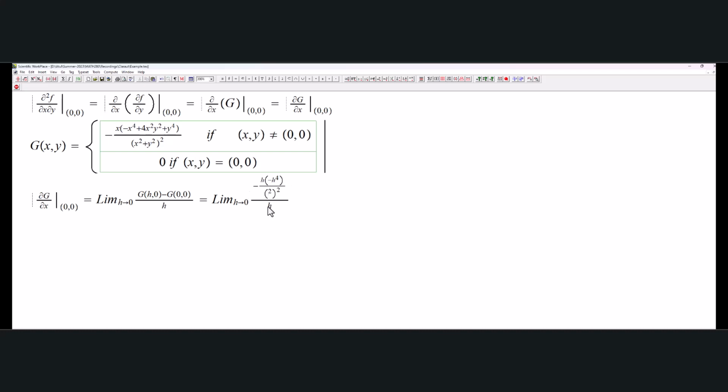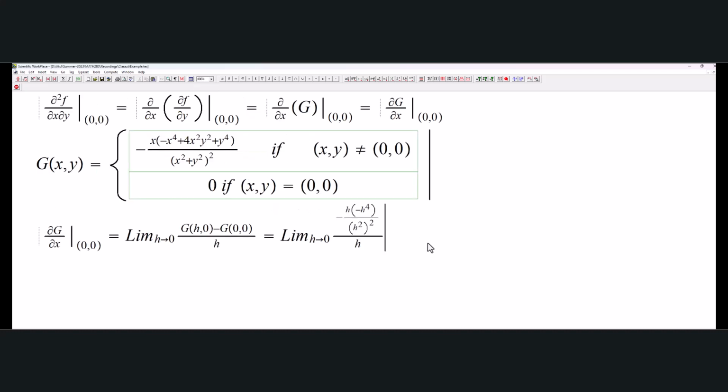And this is H. Oh, one moment. Let me increase the font size here. Okay, so that's H. And then, see, negative is positive here. So we have H to the power 5 over H to the power 4 here, and then we have an H downstairs. So that will be H to the 5 over H to the 5. That will be 1.